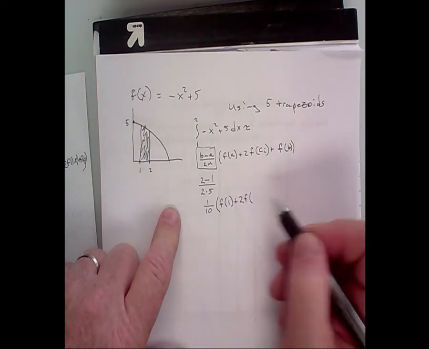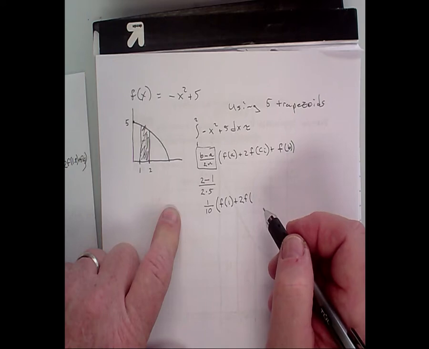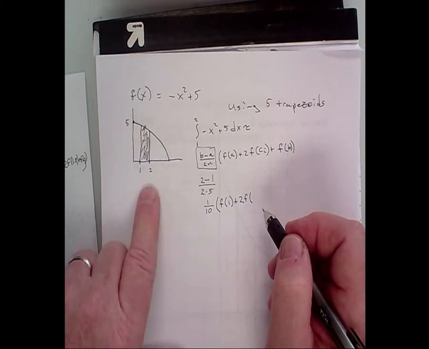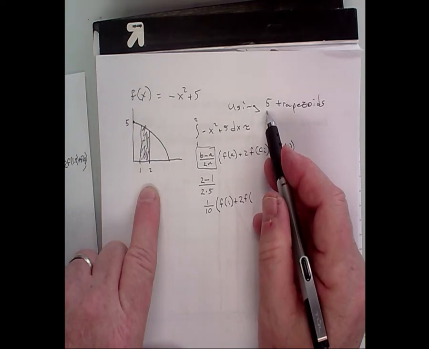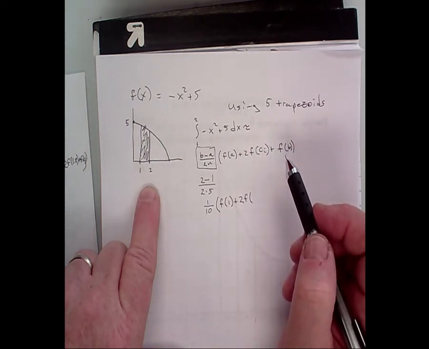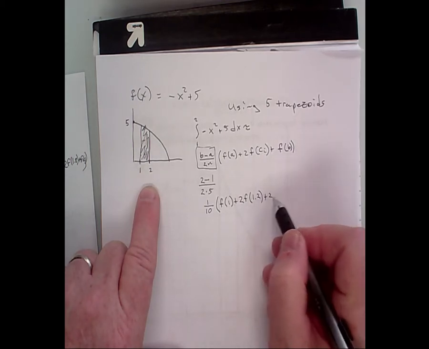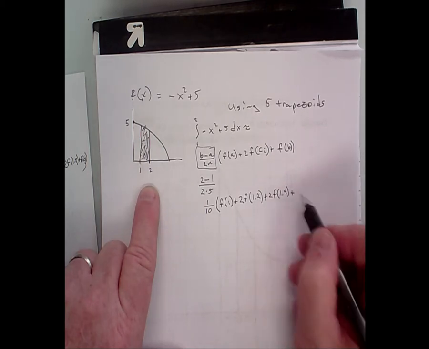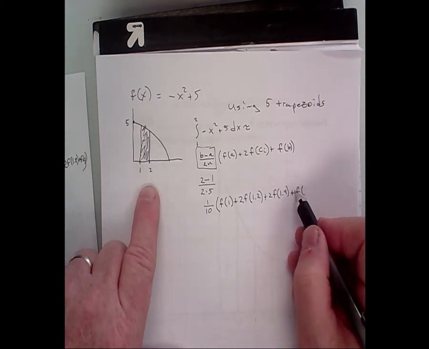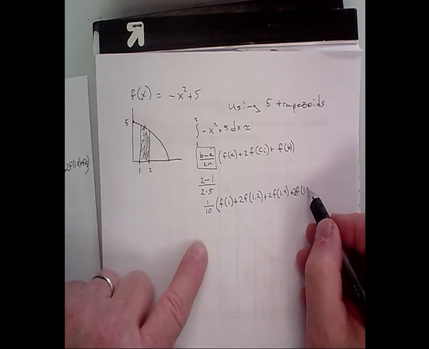Is it 1.5? 1.5 would mean... Wait, do we need 5 trapezoids? I need 5 trapezoids. Divide that by 5, so it's 0.2. So it's 1.2. Okay, perfect. Plus 2 times F of 1.4, plus 2 times F of 1.6.